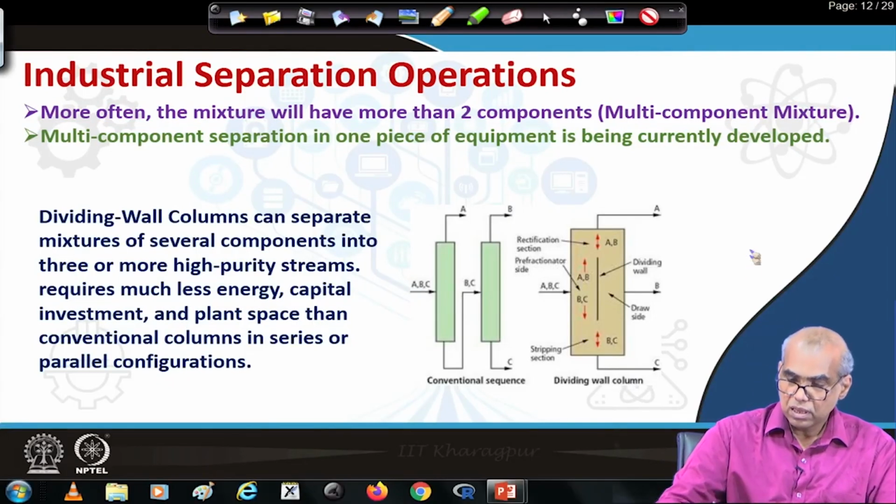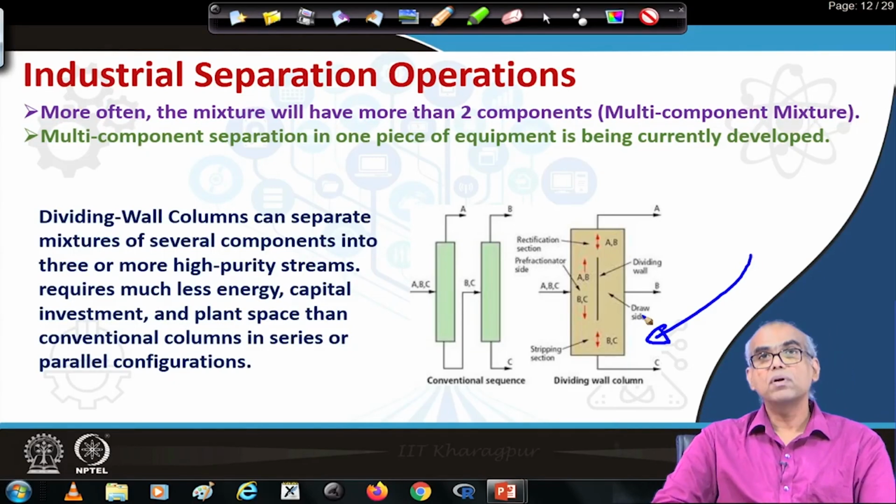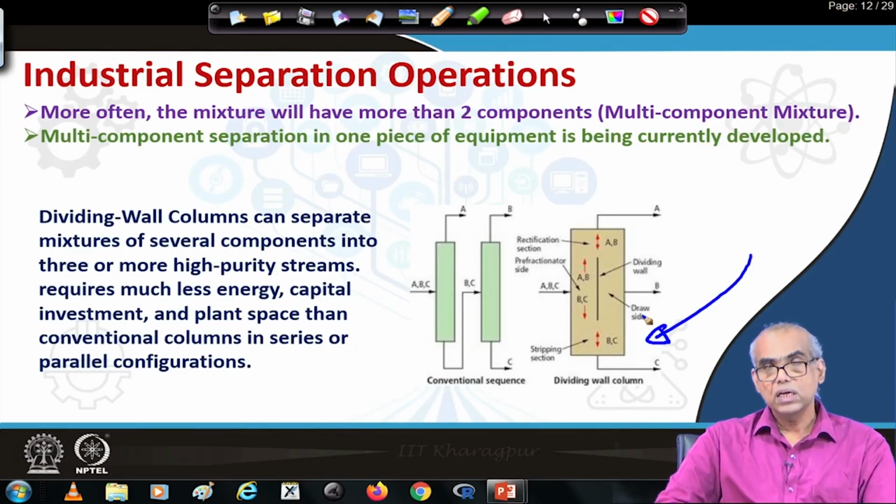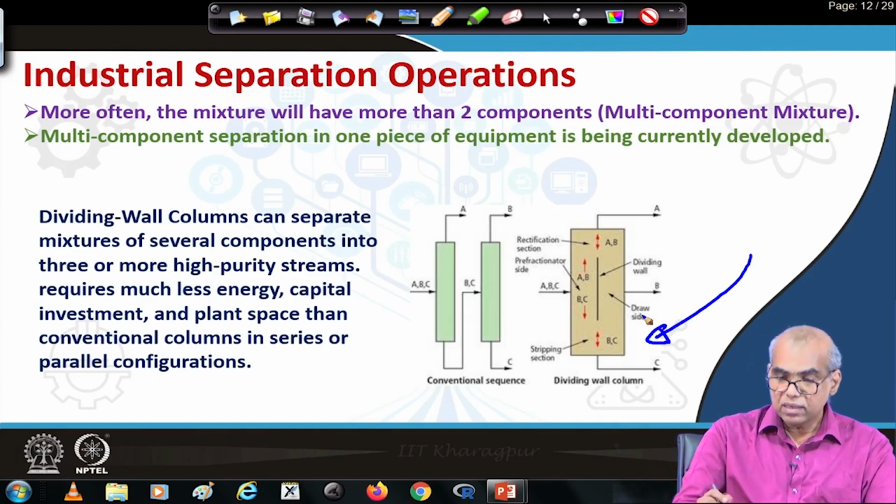So, this is a schematic of a dividing wall column. Look at the dividing wall.